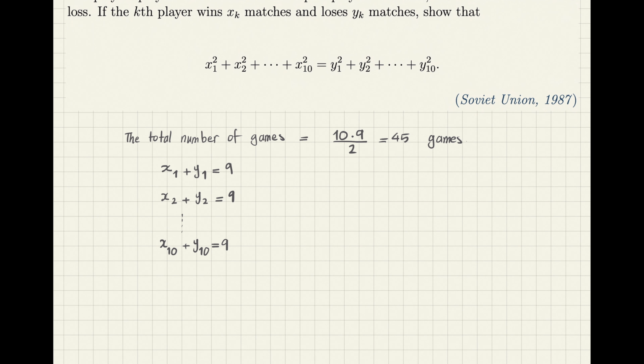Another thing that I want you to know is what happens if I start adding x1, x2 up to x10. This becomes exactly the total number of games, so this becomes 45, because each game corresponds to one win. So the number of wins by player 1, plus the number of wins by player 2, and so on, if I add all of them, this becomes the total number of games.